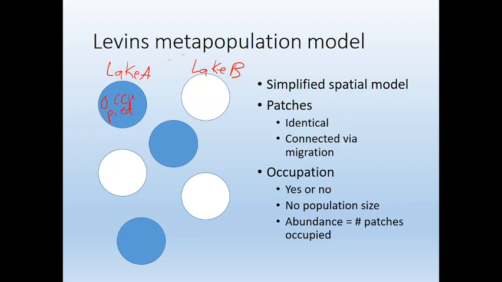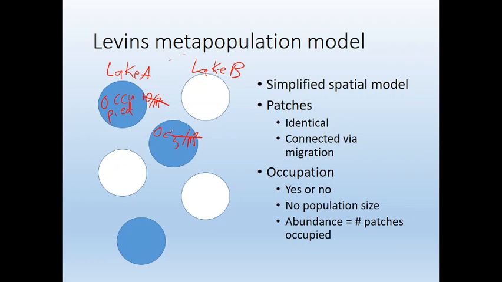We don't think about population size in here, right? So Lake A here is occupied, and it might have 10 mosquitoes per meter squared. That's actually a pretty low number. But if this lake here has 5 per meter squared, we're not thinking about that. That doesn't matter. It's just whether it has it or not.